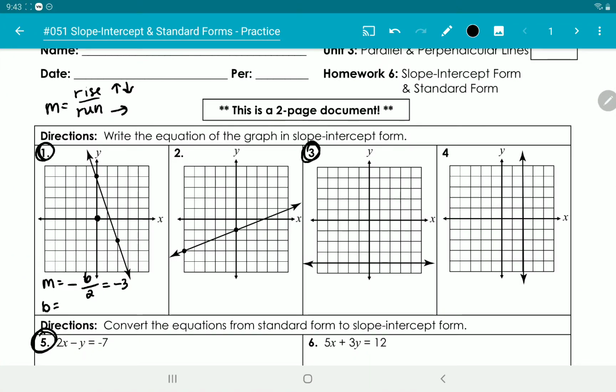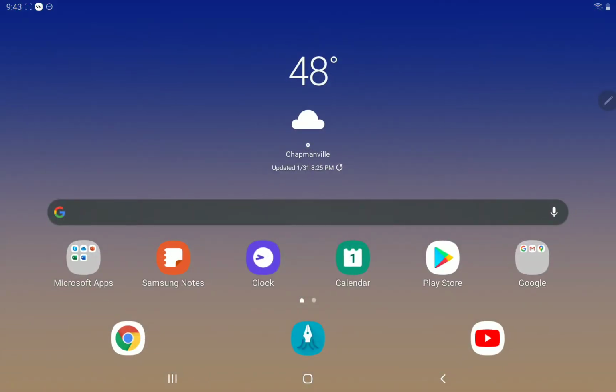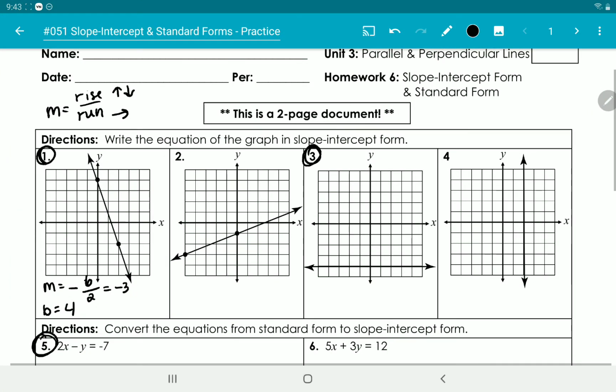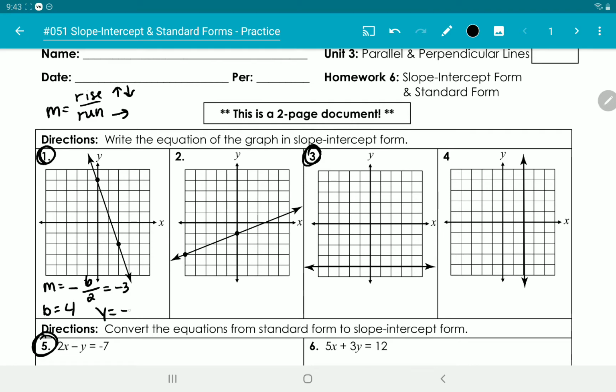So here's the origin. We have to go up 1, 2, 3, 4. Since we're going up, it's positive. So b is 4. So we have, I keep pushing that button, sorry guys. y equals m is negative 3, x plus b is 4. Okay? So we have y equals mx plus b.